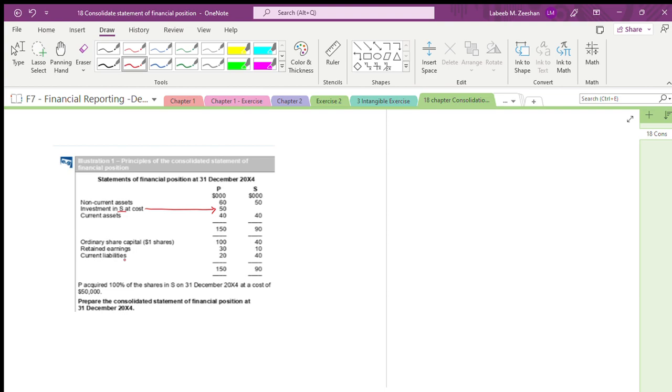P acquired 100% of the shares of S Limited, purchased on 3rd December 2004. What is the cost they have paid? They paid a cost of 50,000.